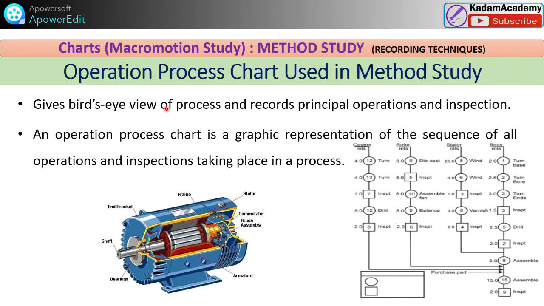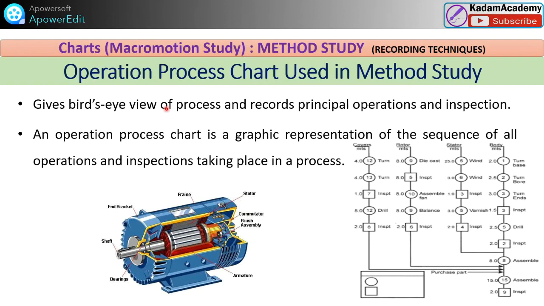An operation process chart is a graphic representation, as we have already studied, of the sequence of all operations and inspections taking place in a process. Friends, here the diagram of an electric motor is shown to you, and it will be represented by the process chart.